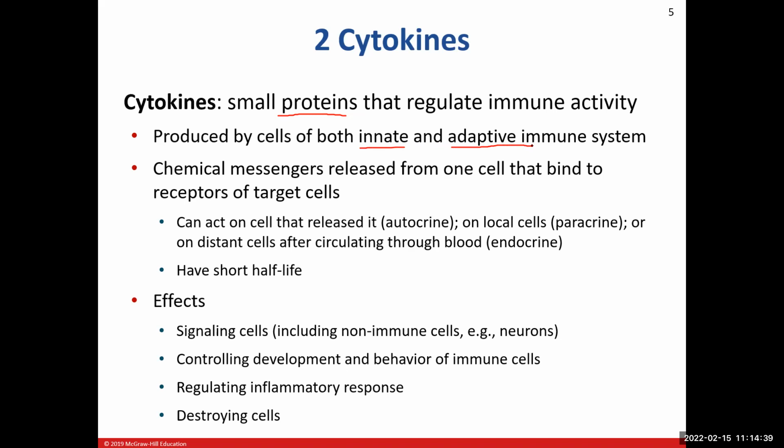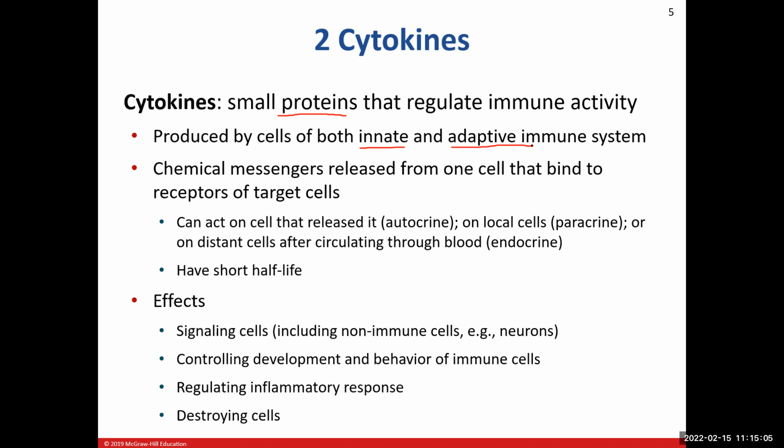So these immune cells are going to release chemicals when they come in contact with something. If they need to get a message out like, hey, I think I found something here, I need help, I need more cells to come over here and take care of, or at least help me out with this situation.